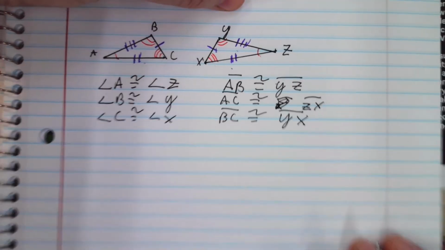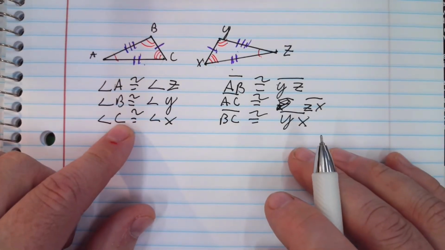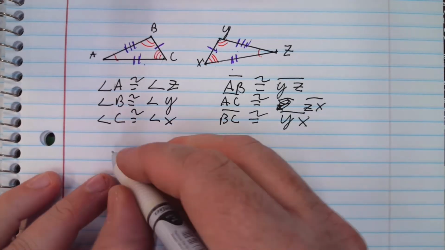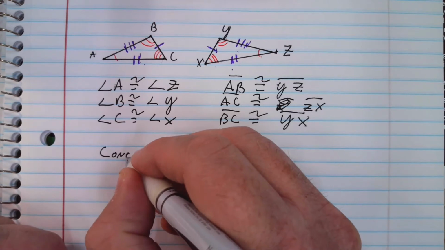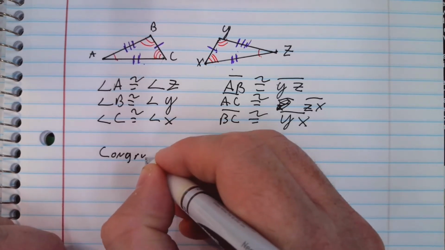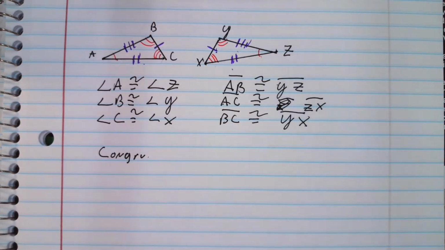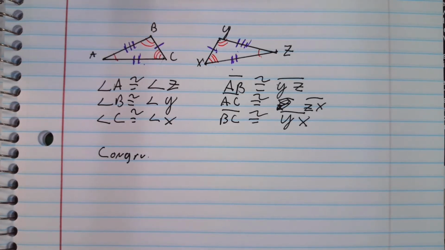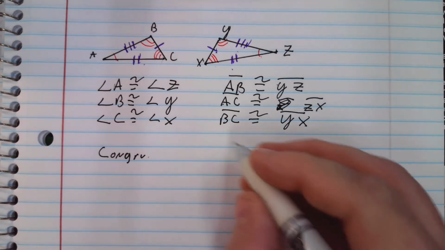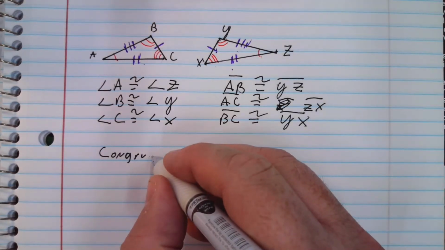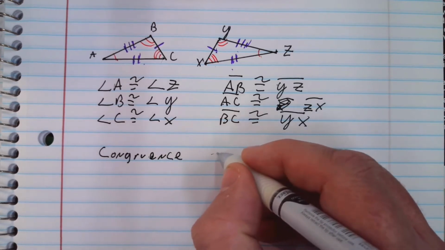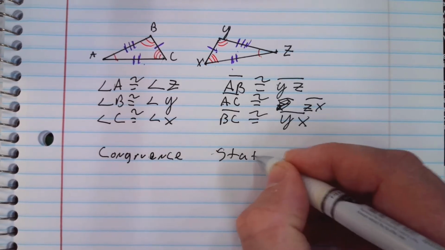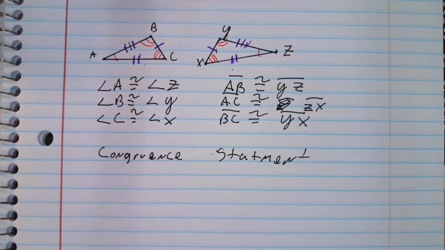And so we don't want to write this every single time, do we? So there's got to be something called a congruency statement. And I'll show you how to do that.